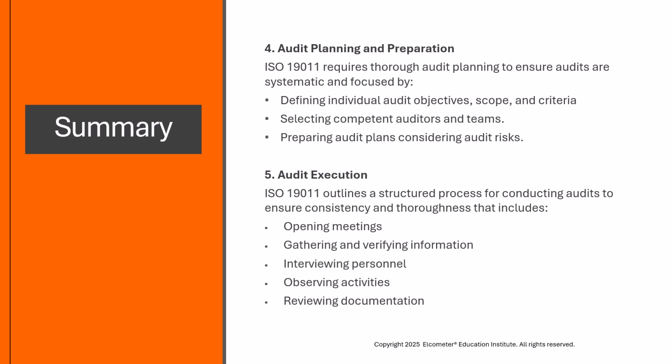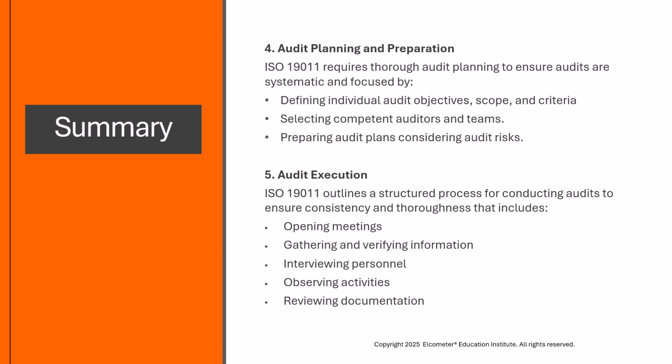Number 4, audit planning and preparation. 19,011 requires thorough audit planning to ensure audits are systematic and focused by defining the individual audit objectives, scope, and criteria, selecting competent auditors and teams, and preparing audit plans considering audit risks.